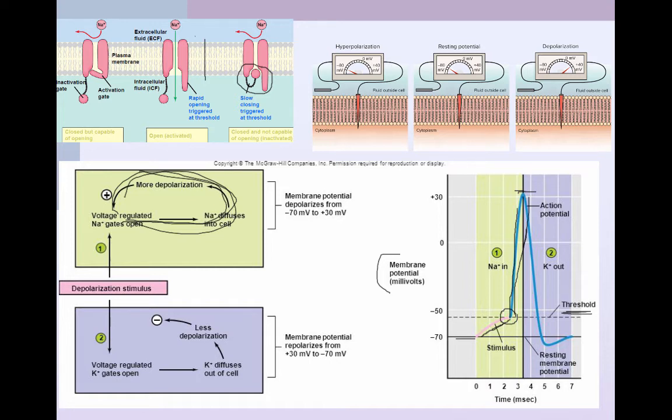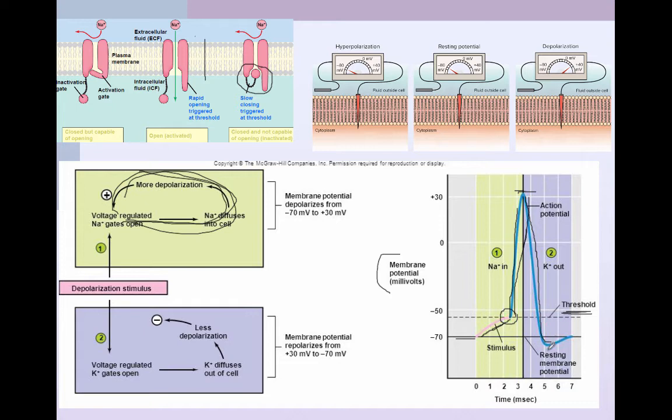And so now potassium will go down its electrochemical gradient. And what it will do is it will leave the cell, making it less positive until it actually drops below zero and becomes negative. And it will go all the way to negative 80, becoming hyperpolarized. It'll stay hyperpolarized, but now at this point, those voltage-gated potassium channels will shut.